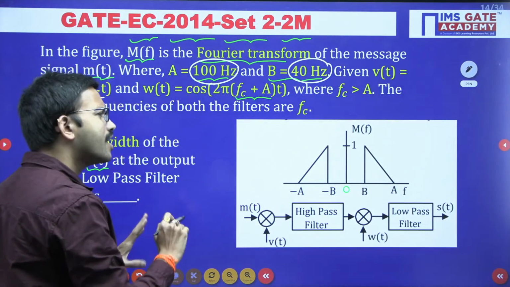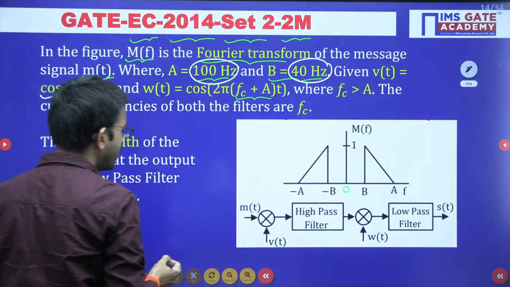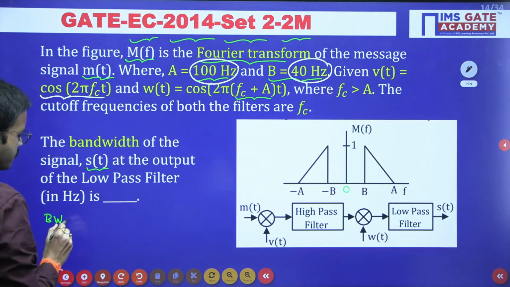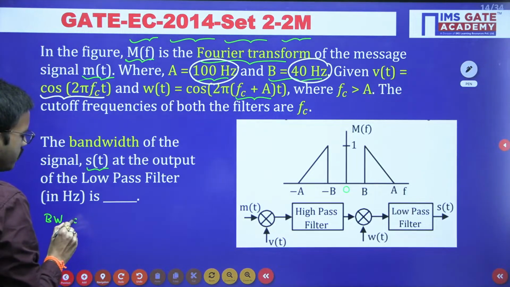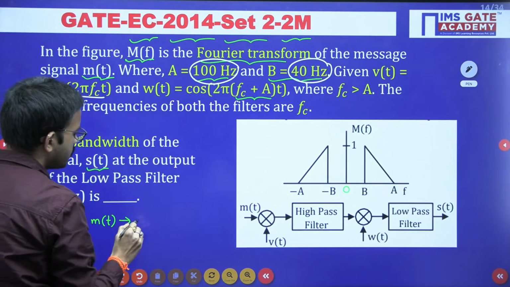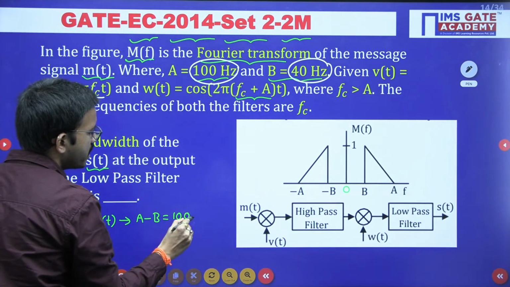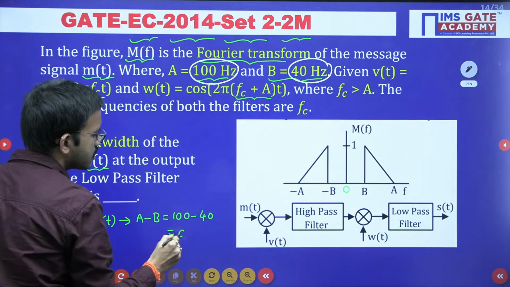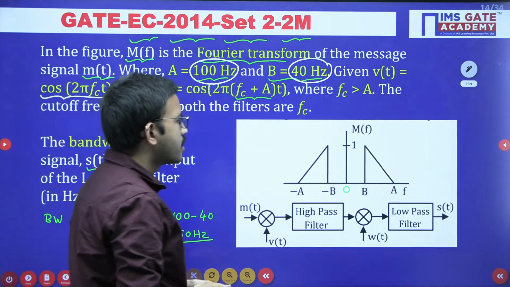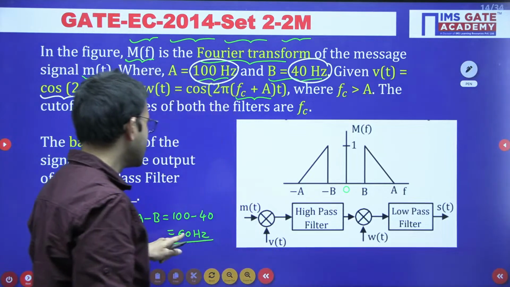In simple words, what is the bandwidth of the modulating signal, the bandwidth of m(t)? A minus B. Here A is 100 and B is 40, so you are getting 60 Hz, right? Now you have the bandwidth of the original modulating signal as 60 Hz.